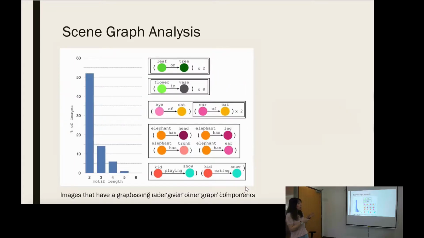Within one scene graph, there is some repeated pattern of the motif. When we talk about a motif, it's an object, a relation, and an object pair, the combination of that motif that repeatedly appears in the scene.